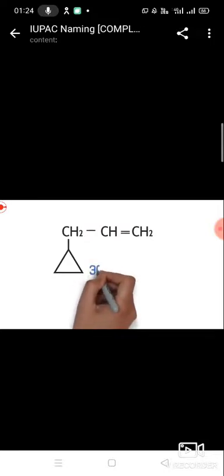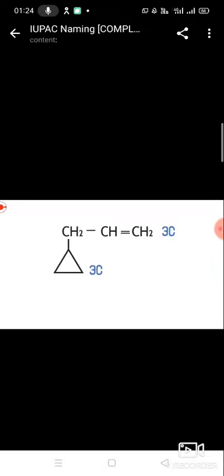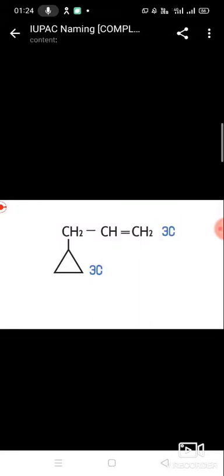So in the cyclic compound, 3 carbon is present. So cyclopropane. In this, a double bond is present. The double bond also contains 3 carbon atoms. So here, how do we name it? First we have to give the number from this functional group. The functional group is the double bond. Cyclic is not the functional group of the straight line structure.